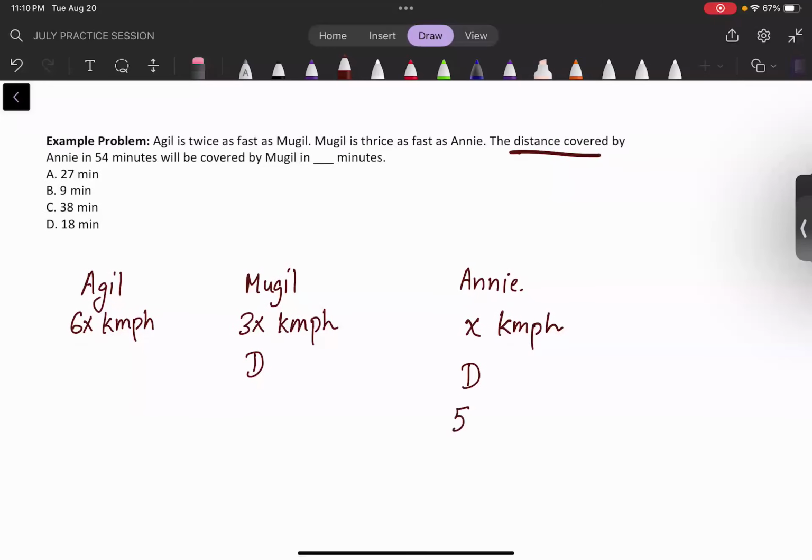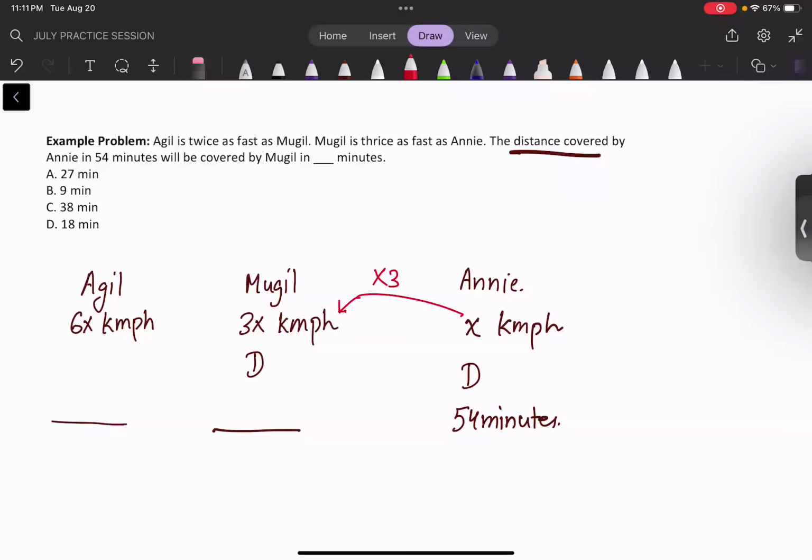Annie takes 54 minutes. Please carefully answer. Distance is constant. Speed and time, how are they related? Inverse. Okay. How the inverse relation will be applied, carefully see.